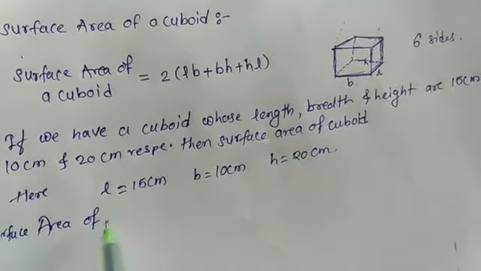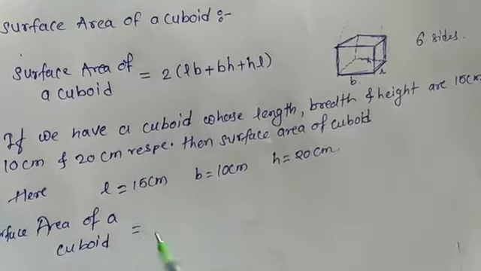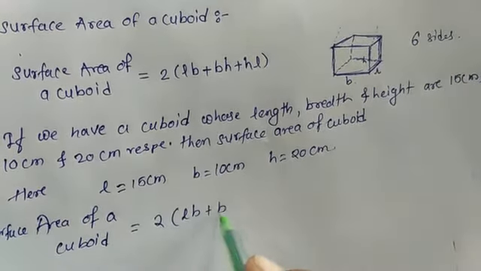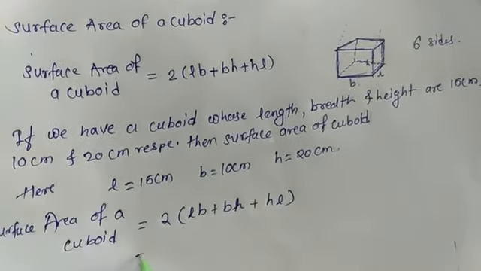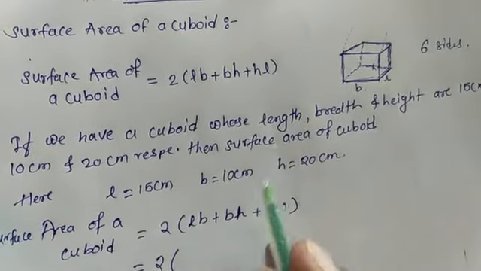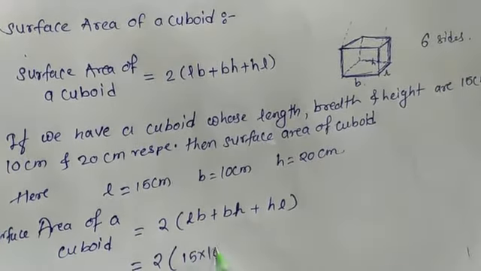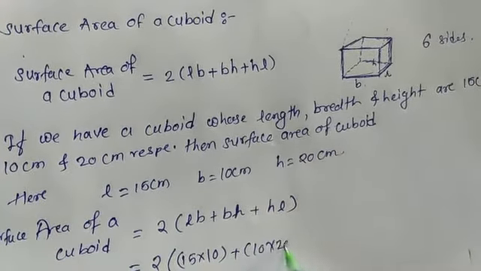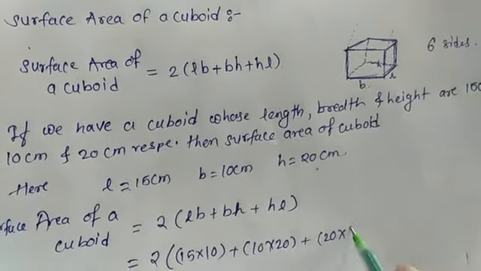So the surface area of the cuboid is equal to twice into bracket length into breadth plus breadth into height plus height into length. Which is equal to 2 into bracket 15 into 10 plus 10 into 20 plus 20 into 15.